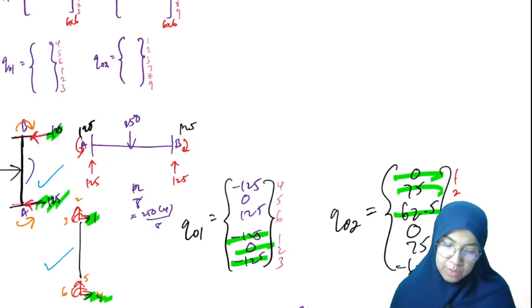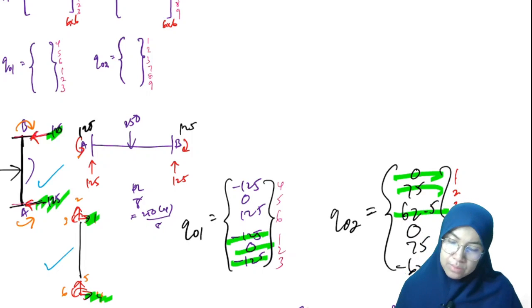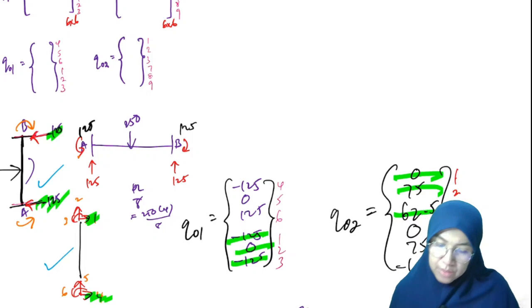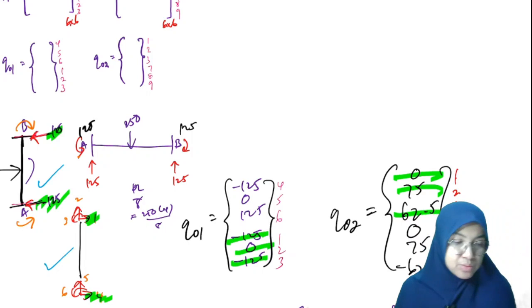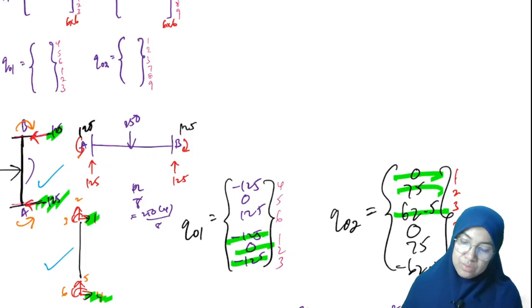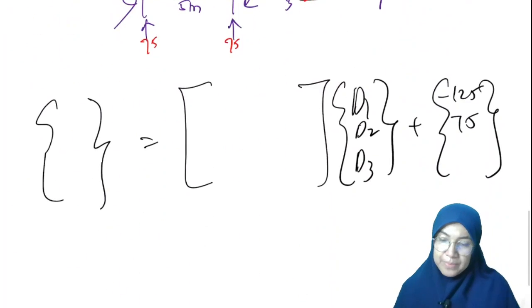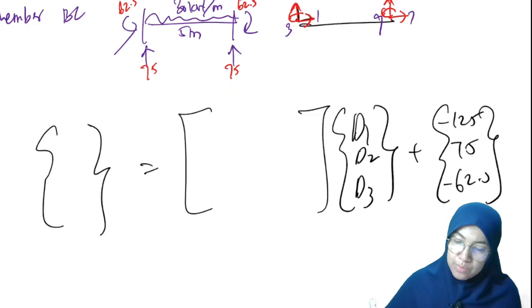In Q naught 3, it is negative 125 plus 62.5, plus 62.5. So it is equal to negative 62.5.